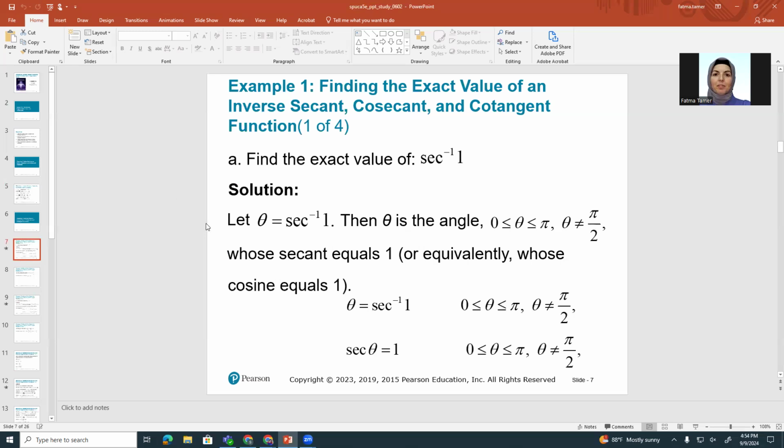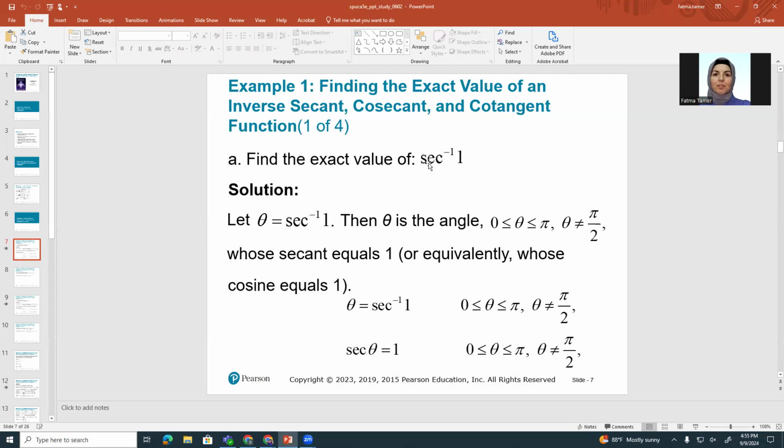So if you see a question like, find the exact value of inverse secant of 1, basically this question is asking you, what is the angle whose secant value is equal to 1? Personally, I would like to go back and change them to the cosine function because secant is the reciprocal of cosine.